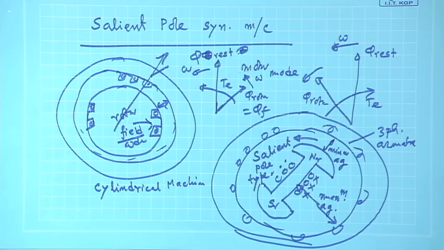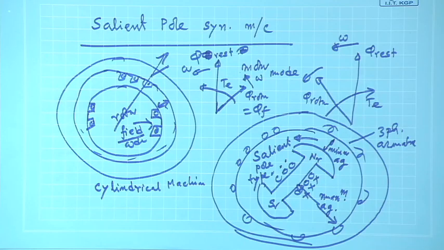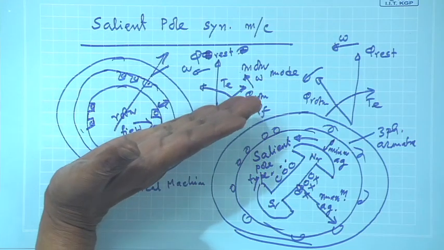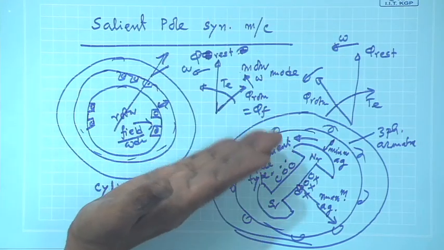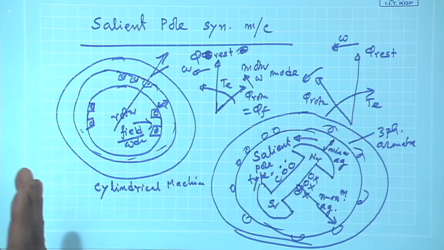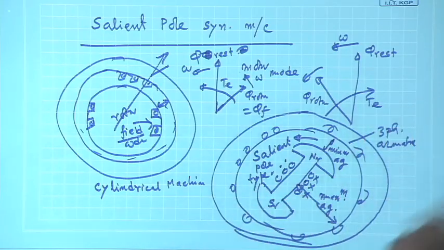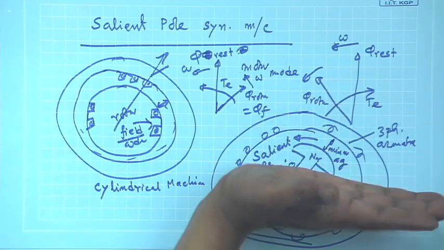That is, the armature MMF sees constant reluctance, and therefore we could easily say that the armature flux will be constant, no matter where the armature MMF is placed. It depends upon the power factor at which the machine is operating. But in this case, the armature MMF can be anywhere, because the operating power factor may change, it may be here, it may be there.